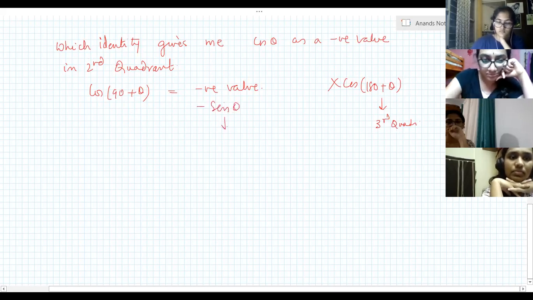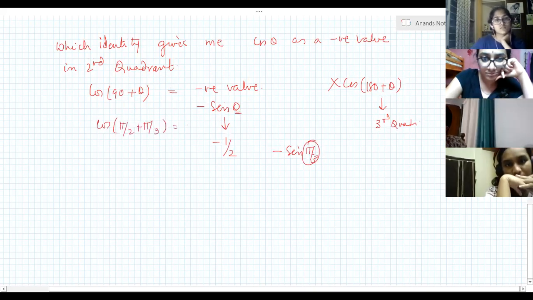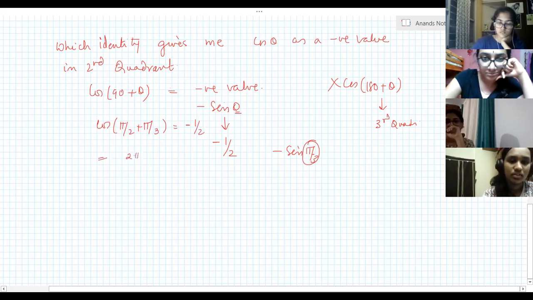So this minus sine theta should correspond to minus half. So what should be theta? Theta is equal to pi by 3, minus sine pi by 3. If you want pi by 3, put it here. That means cos of pi by 2 plus pi by 3 is going to be minus half. Do it, and you will get this as cos of 5 pi by 6... or cos of 2 pi by 3.